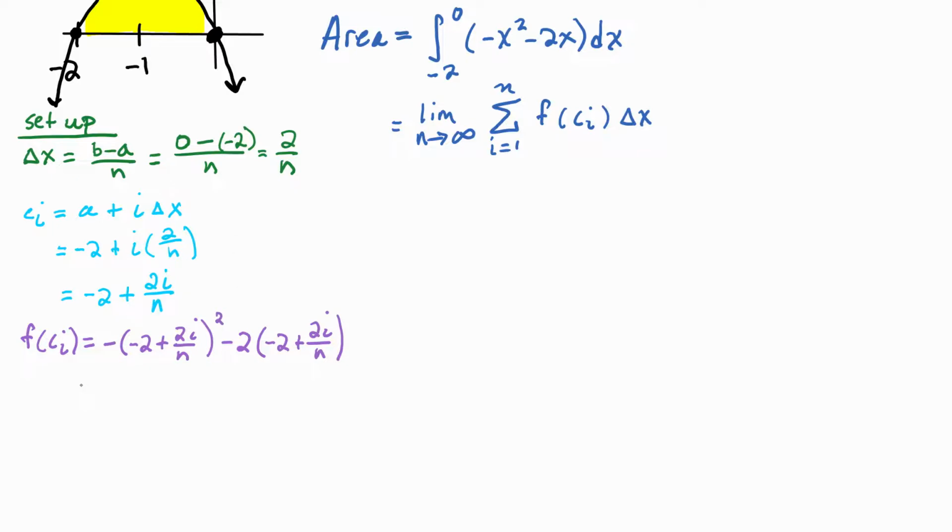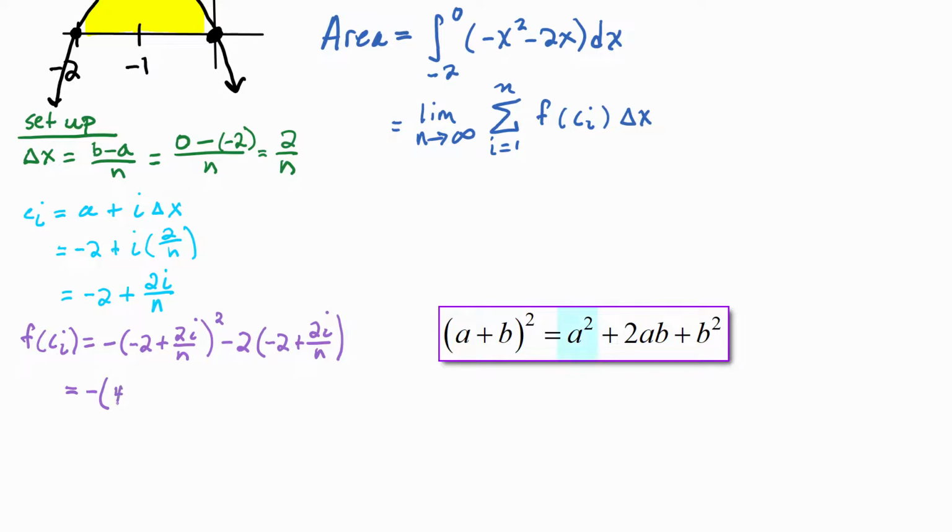Now we have to simplify. Let's bring that negative sign down, and then squaring this binomial, we get 4, and then minus double the product, so 8i over n.